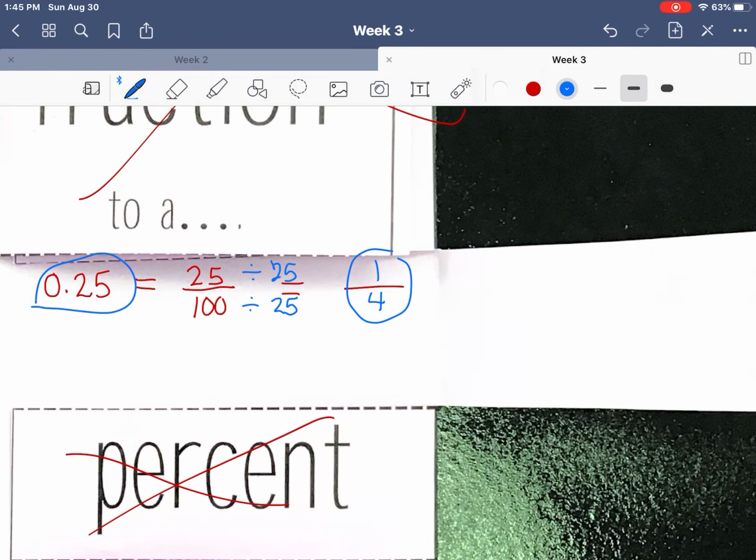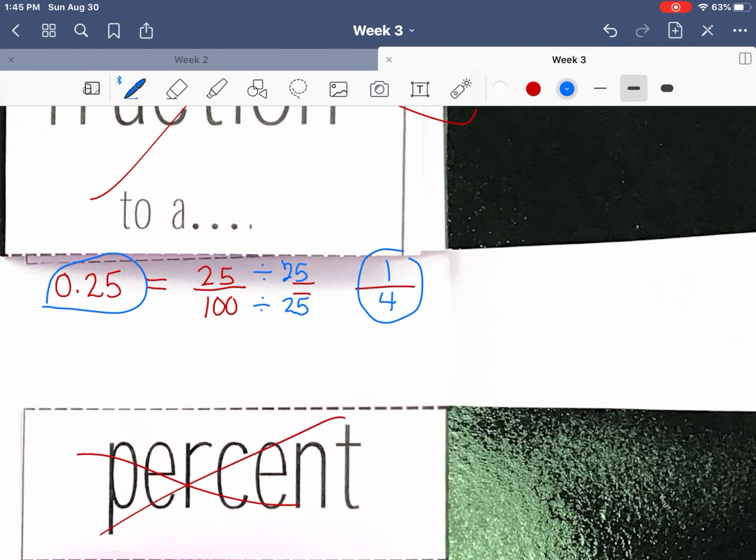Let's try another one. How about if it's not as easy of a decimal? Here we go. Let's do this decimal, 15 hundredths. That's the fraction 15 over 100. Aren't you glad someone taught you how to read decimals correctly? So 15 over 100, I know that both of those numbers are easily divisible by 5 because they end in 5 and 0.